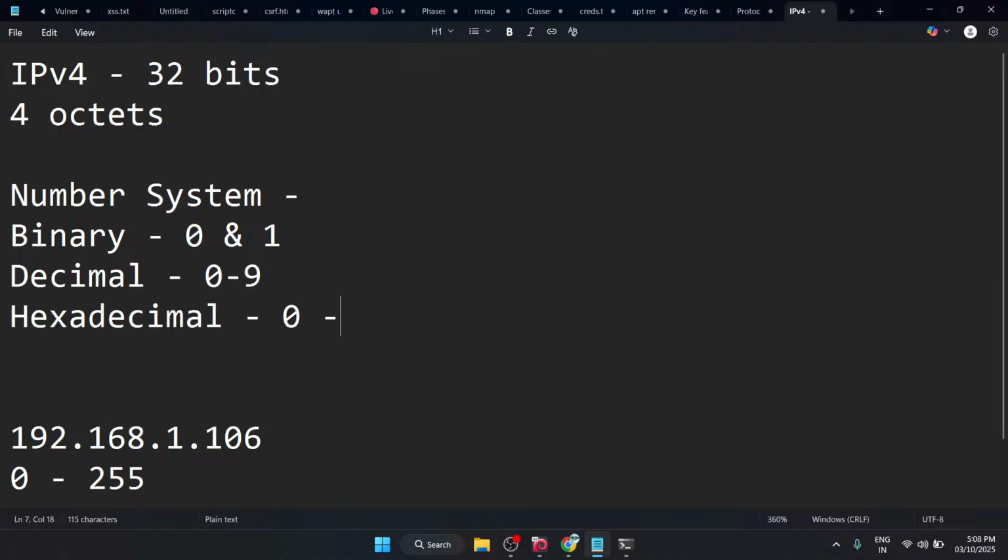So 0 to 9 are the 10 numbers, and then we need six more, so we have A to F. Binary is the language understood by a computer. Decimal numbers range from 0 to 9, and hexadecimal numbers are 0 to 9 and A to F.